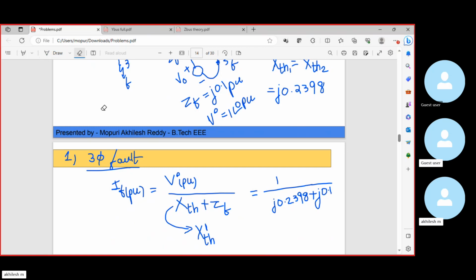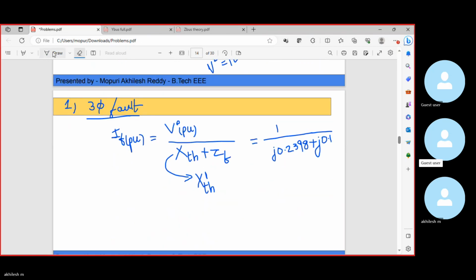Divided by 1, invert it. 1 by that is 2.942. Since it is 1 by j, it is minus j2.9429. Now convert this into polar form.